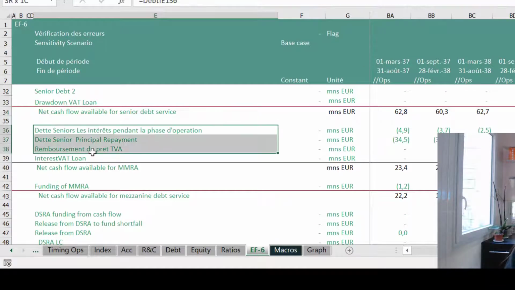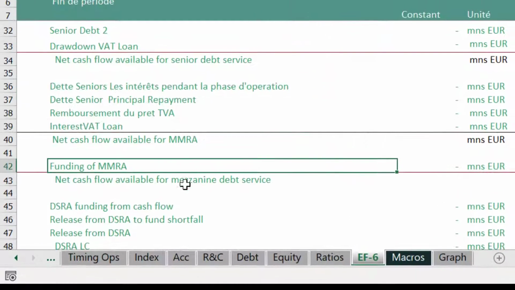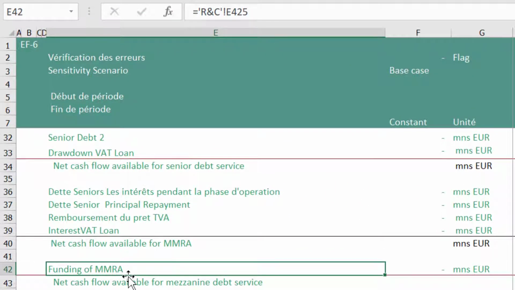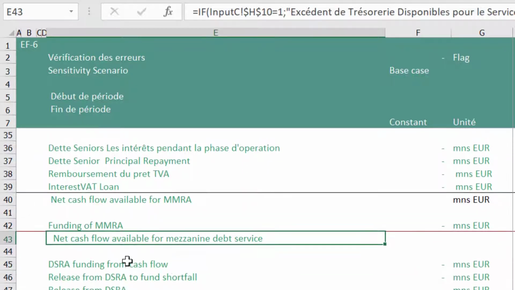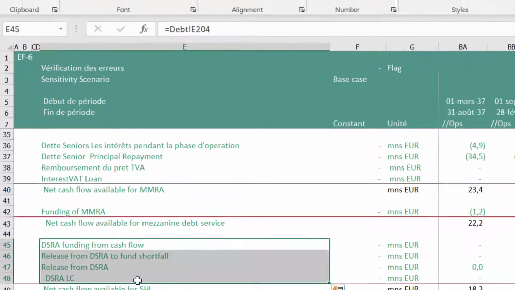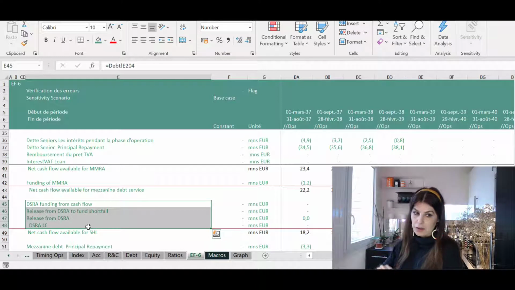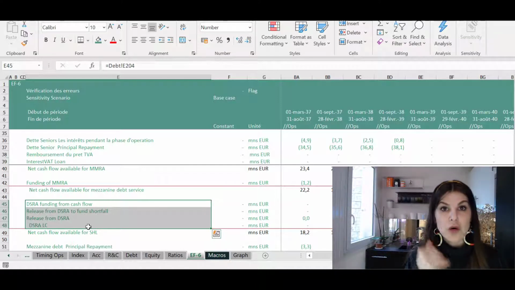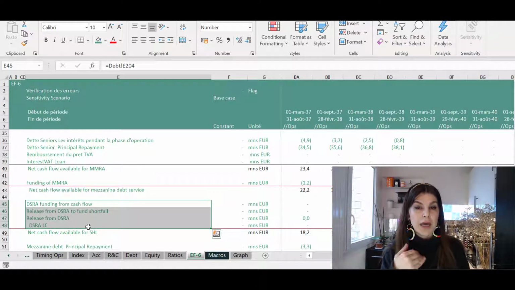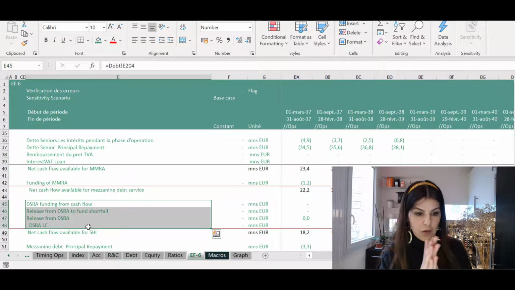And then we pay the interest and principal, and this is kind of not typical, but I put the funding of the maintenance reserve account here, and then I am just saying that any cash inflows and outflows come after I repay the debt. So it's subordinated to the payment of interest and debt service to senior lenders, okay?